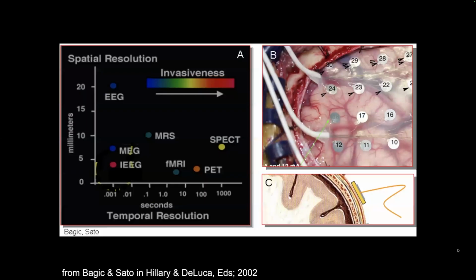So this is your cheat sheet for that effect. This axis here, the y-axis, is in millimeters. This is space. And the x-axis is in time, seconds, from milliseconds all the way up to about a second, right? Or longer. And you'll see EEG, which we'll talk about in a moment, and magnetoencephalography have really fantastic temporal resolution. But EEG has less specificity when it comes to space.